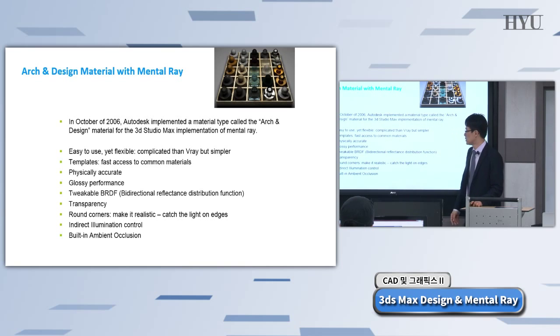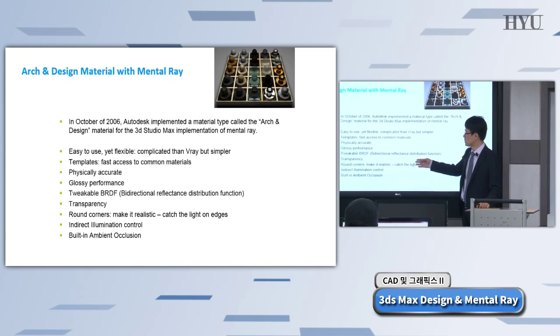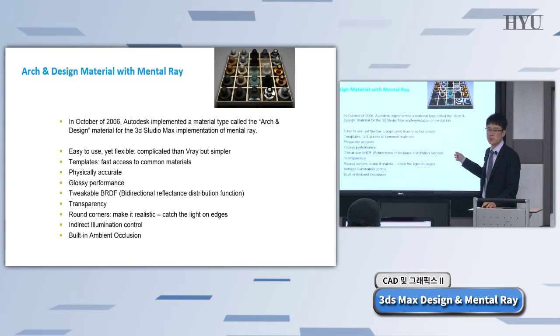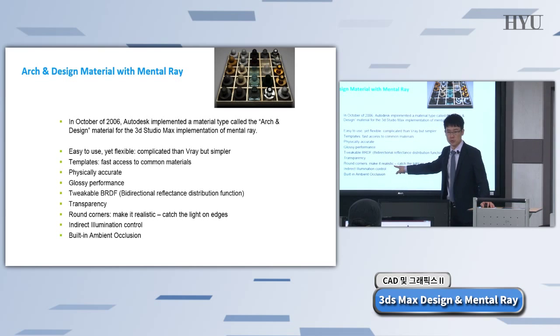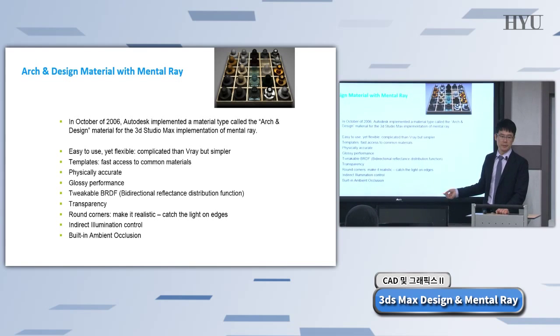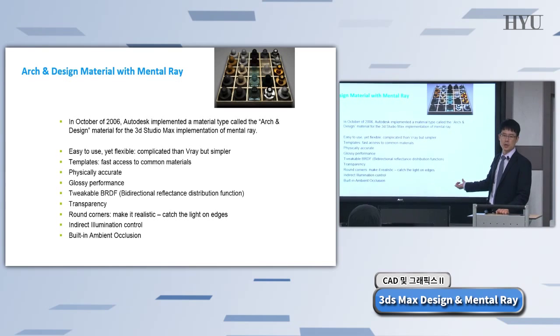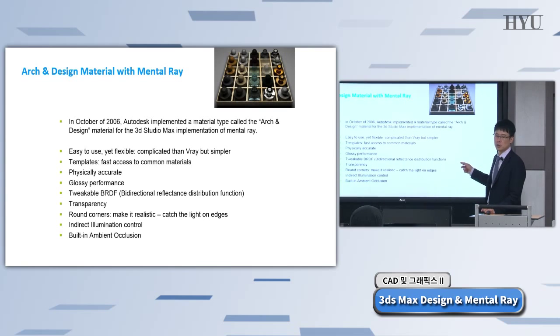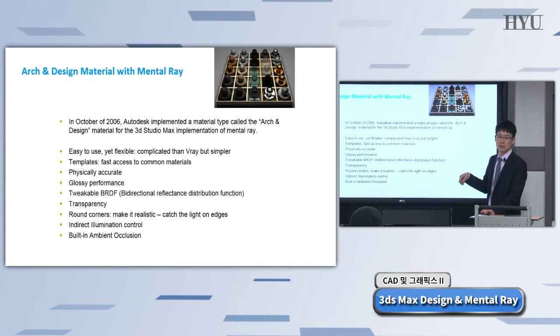With glossy performance, tweakable BRDF, transparency, and it supports some mental ray specific distinguishing features such as round corners. Okay, if you make a rectangle shape, in other words, a very sharp cornered component, but in reality, even if it's a rectangle shape, a solid cube, its corner cannot be exactly 90 degrees.